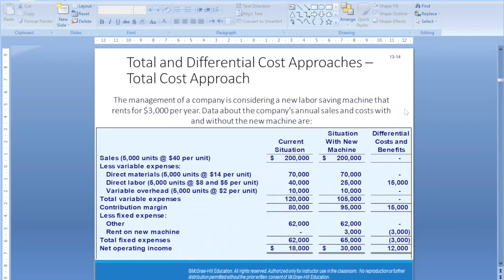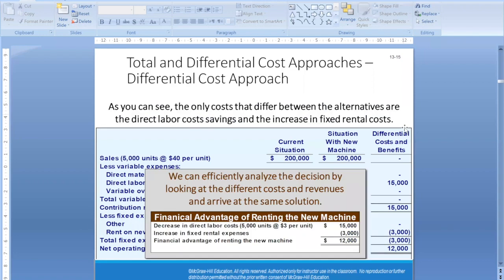As we can see, the only costs that differ between the alternatives are the direct labor cost savings and the increase in the fixed rental cost, which appears in the last column.